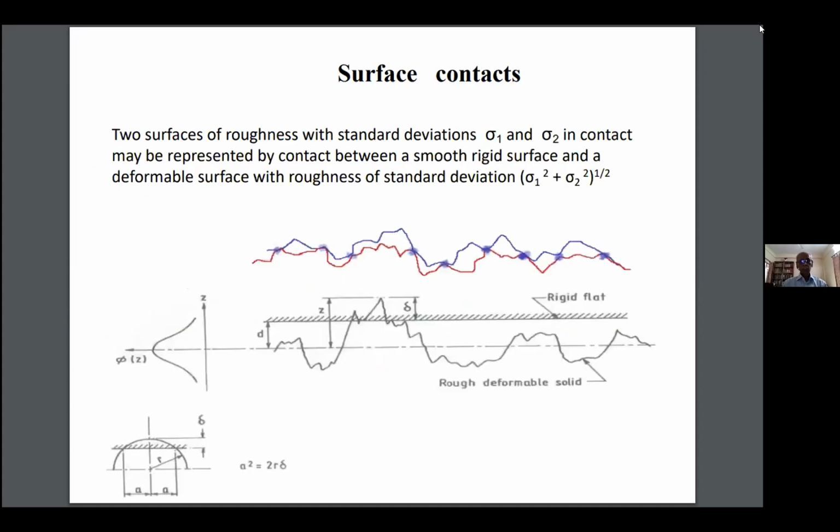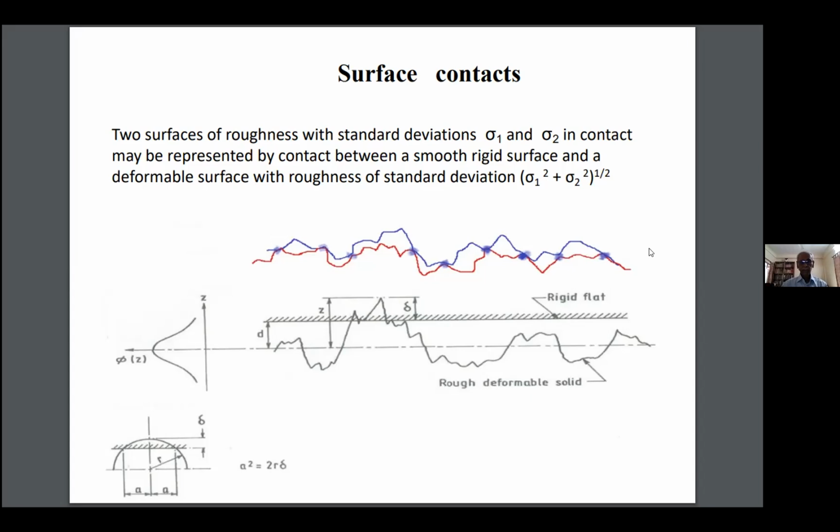Now, in order to do that, we take a model, or we consider that instead of two rough surfaces, we take one rigid and flat surface, as shown here, and one rough and deformable surface. It is easier to model this rather than two rough surfaces. But if we do that, we have to make one difference in our calculation.